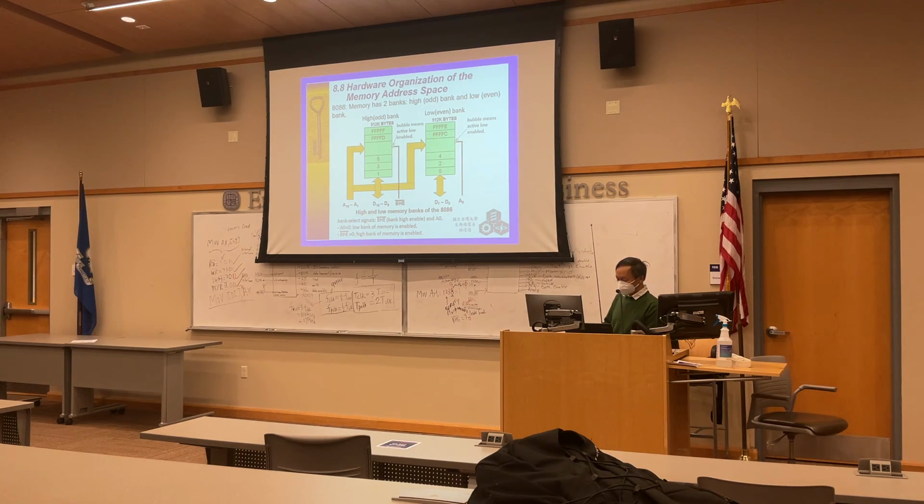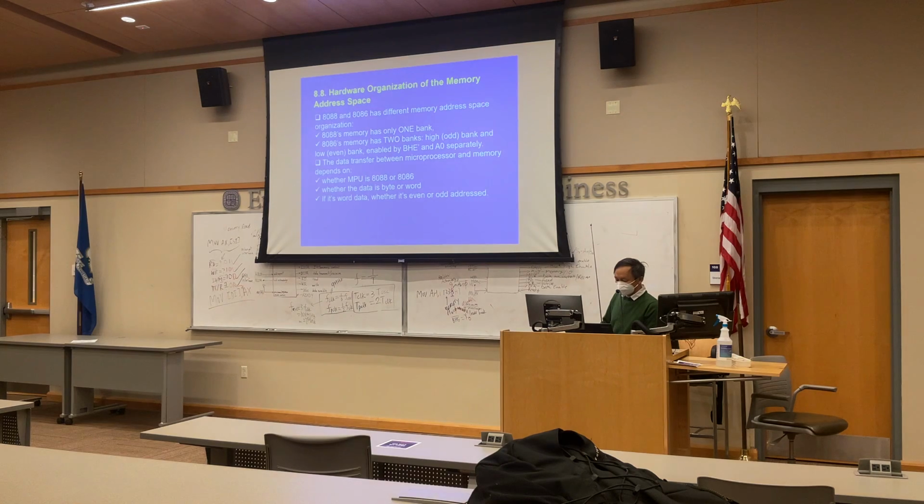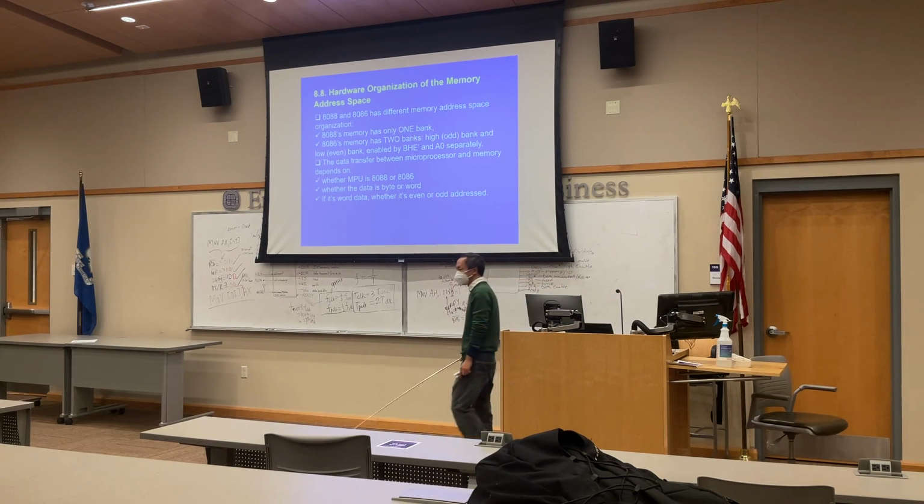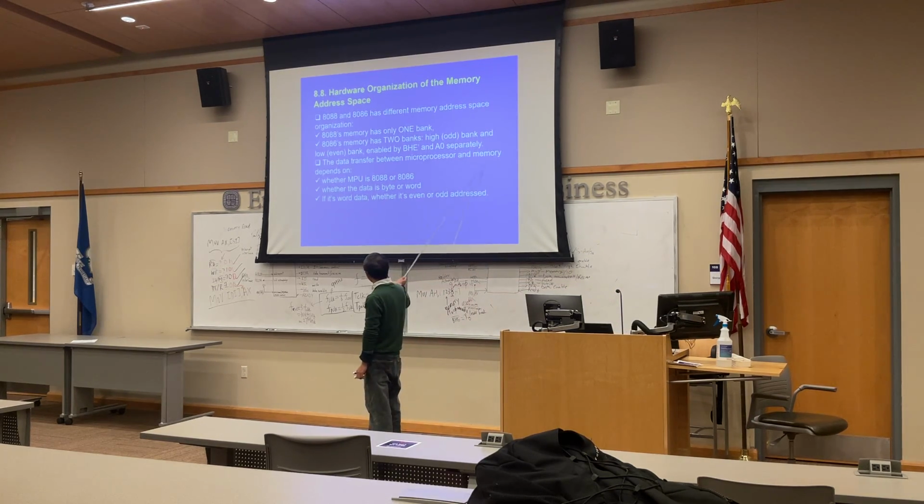Right, so we have the control. Now we're going to show you the two banks. 8088 memory has one bank, 8086 memory has two banks, the even bank and the odd bank. Now the data transfer, if we have an instruction with a memory operation, depends on whether you're talking about 8088 or 8086, whether the data is byte or word, and even whether it's an even or odd address, aligned or not.